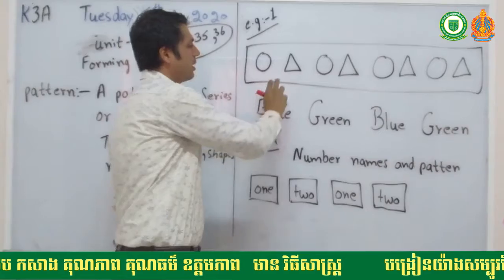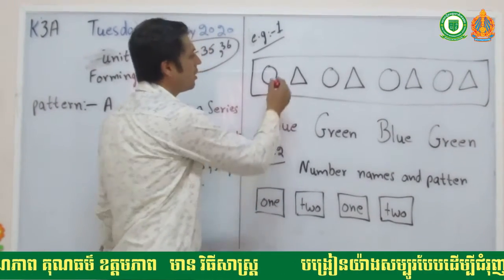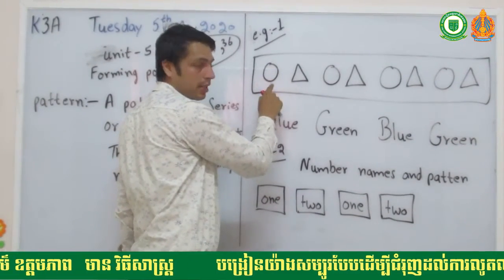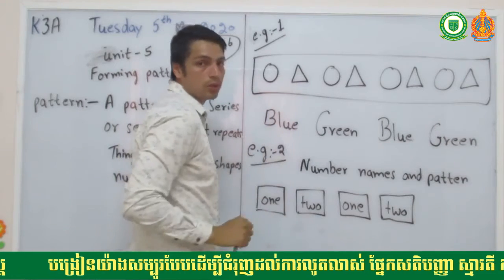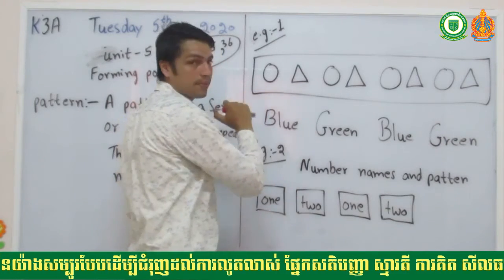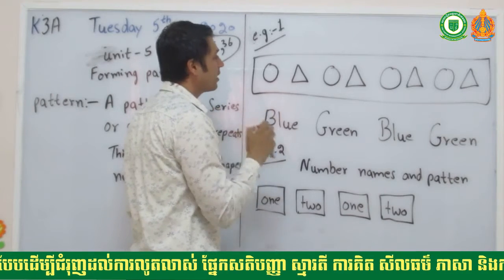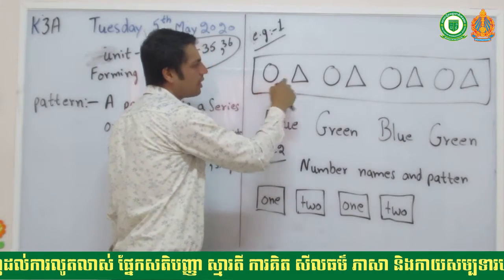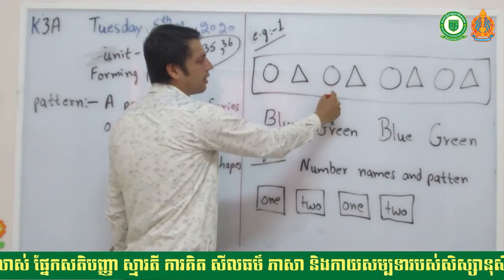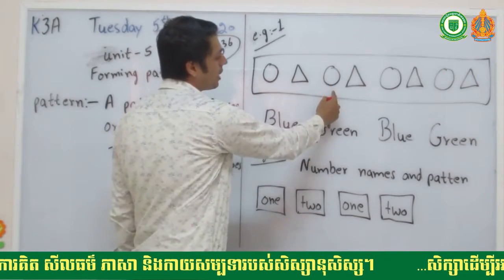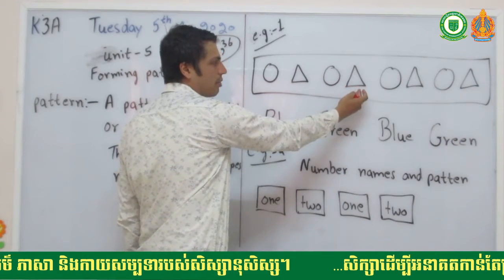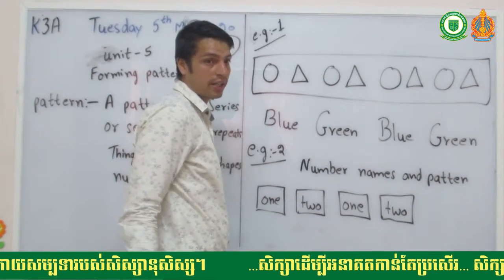We have two shapes in this pattern. Number one, the first one is a circle. Number two, what shape is this? Triangle. So we have circle and triangle. Number three, again a circle, and number four, again a triangle.